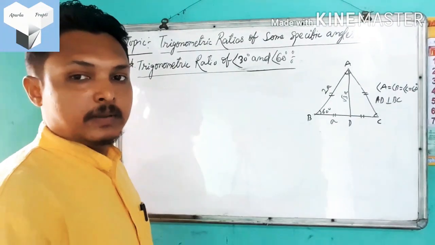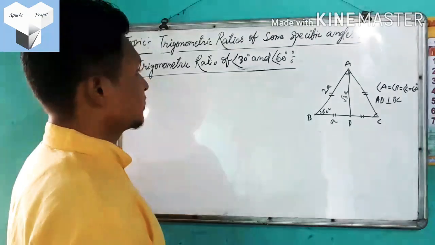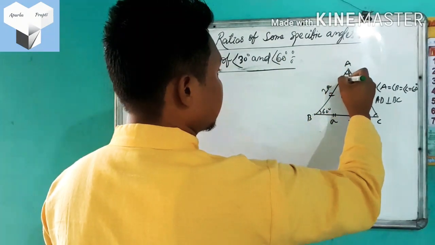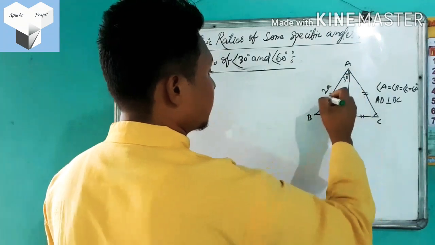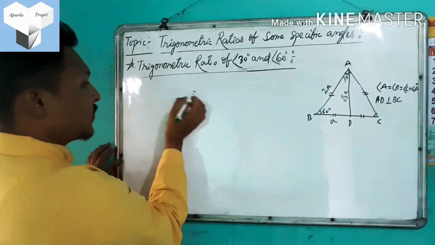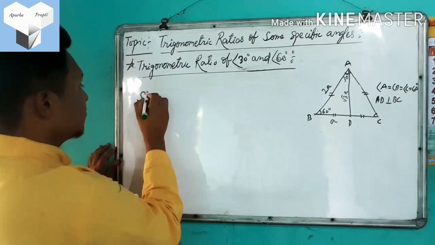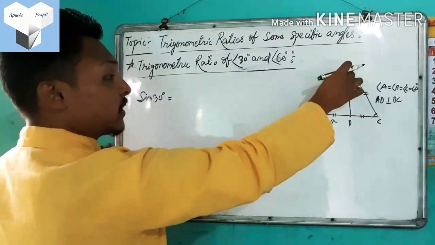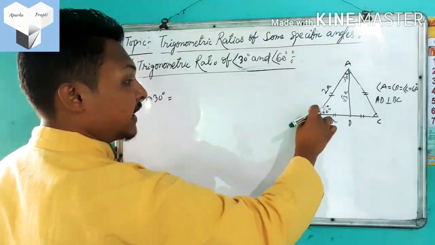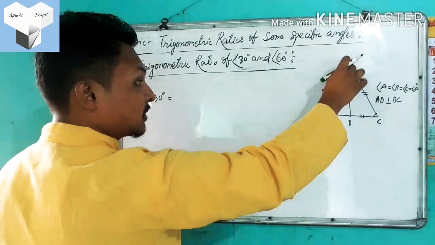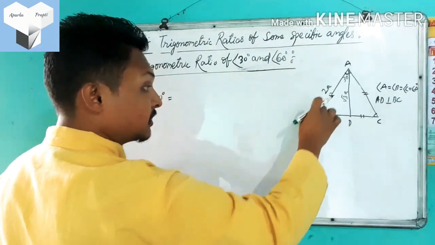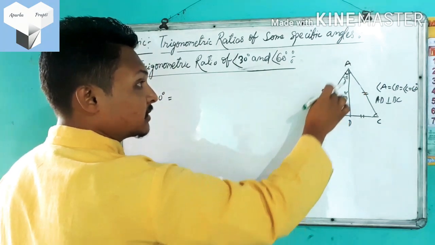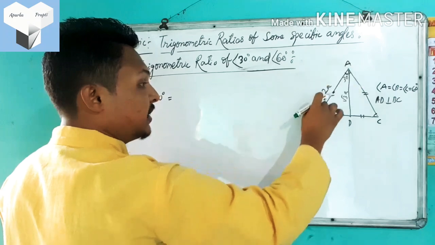Okay. Now let us find the trigonometric ratios with respect to angle 30 degrees. So directly we can go ahead because you have got the concept of finding. So sine 30 degrees, that means we are considering here angle A from the triangle ABD, not from the triangle ABC. If you consider from the triangle ABC, then it will be 60 degrees.